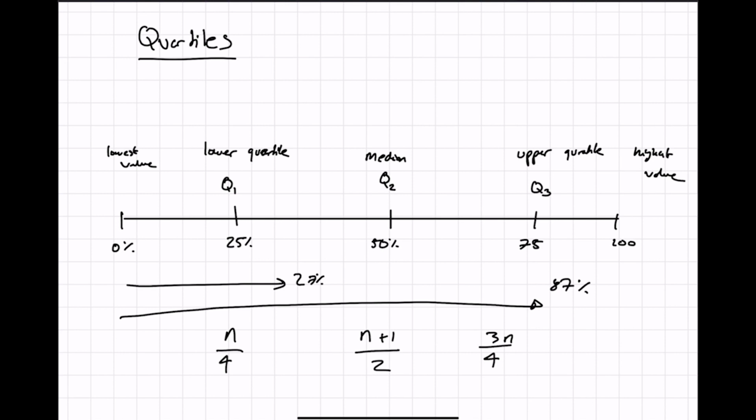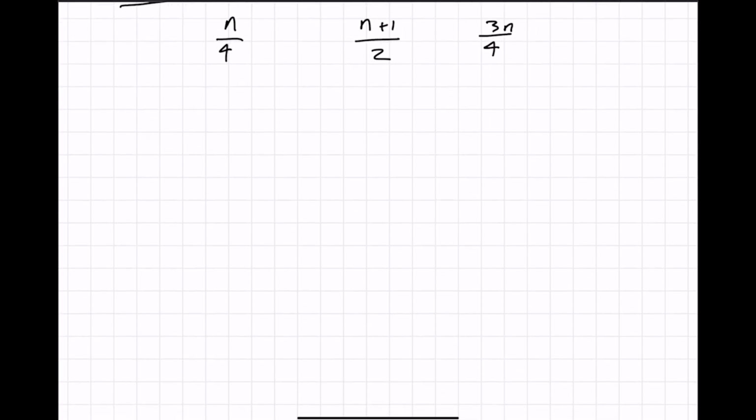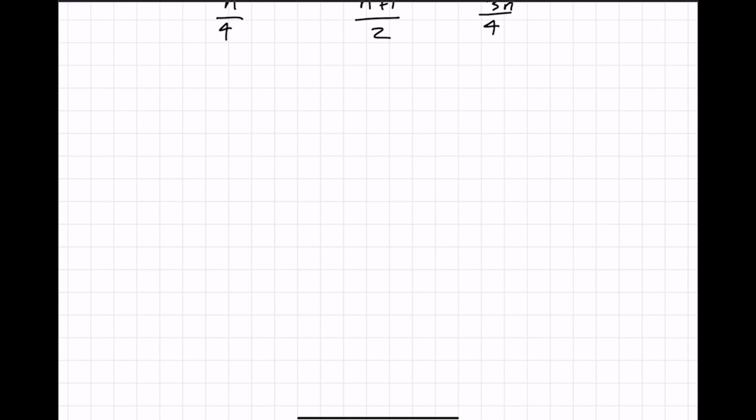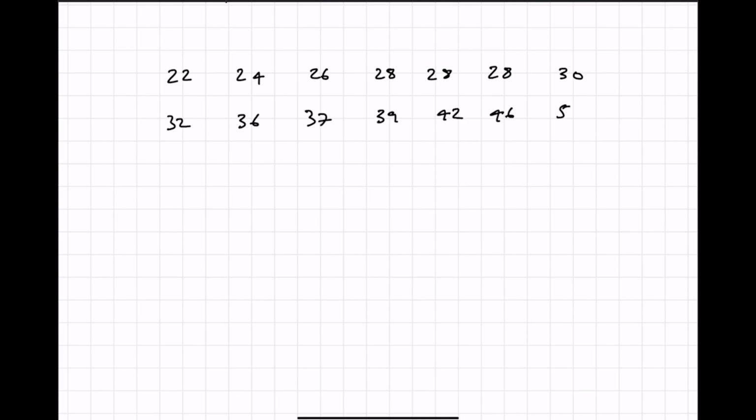So, okay, let's come up with a bunch of numbers and see how exactly this stuff works. I'm just going to come up with a bunch of random numbers: 22, 24, 26, 28, 28, 28, 30, 32, 36, 37, 39, 42, 46, and 50.